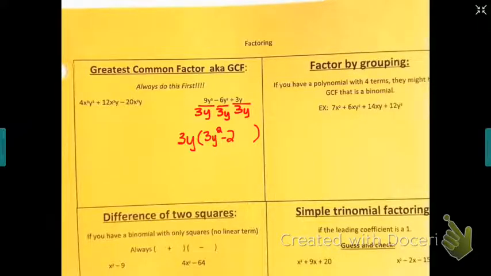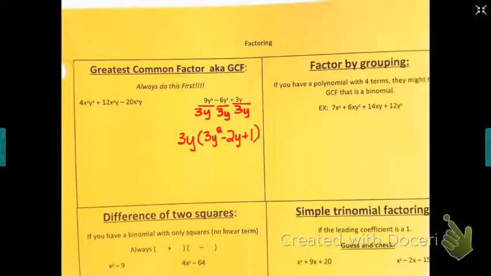Y squared divided by y: 2 minus 1, you just get 1y, so y. 3y divided by 3y is 1. And that's my answer. Okay?